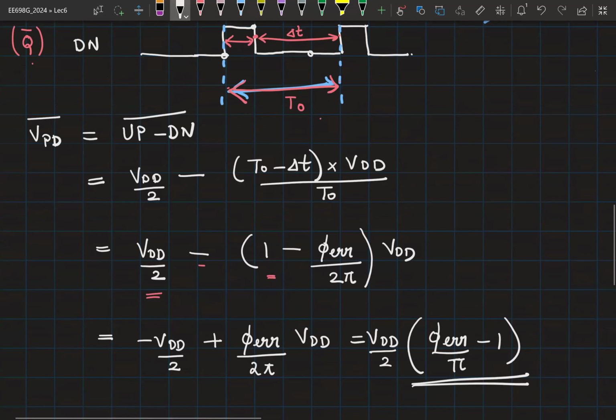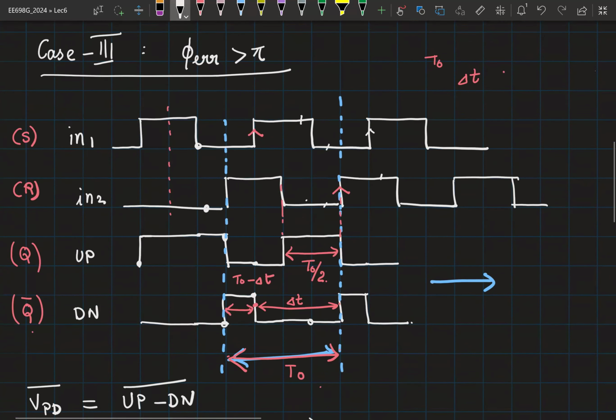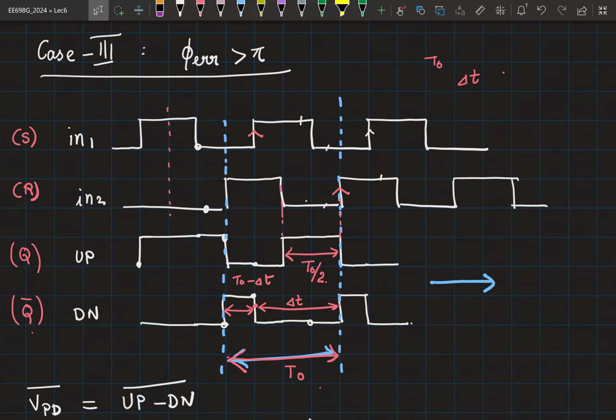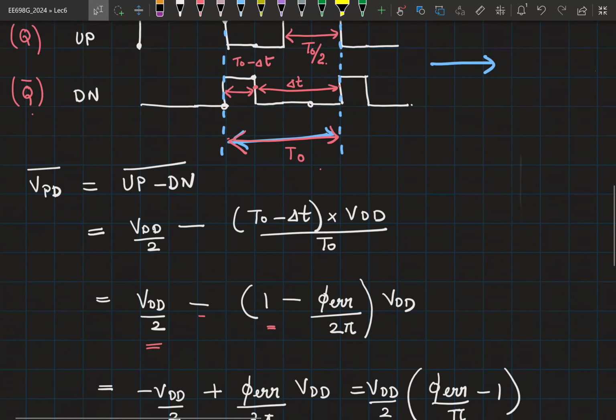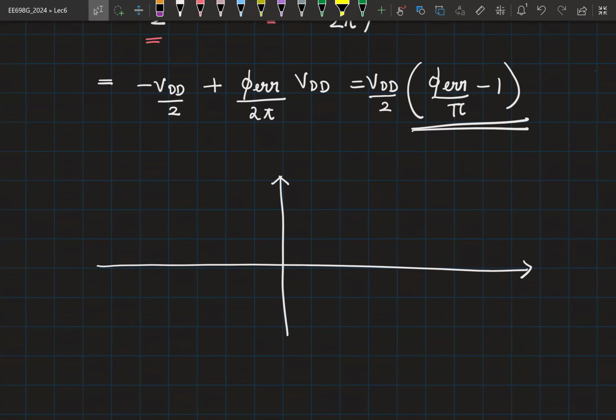Right. What happens after 2 pi? It will be same as phase error greater than 0. Okay. So this is phase error. This is VPD average. So when phase error was equal to 0, what is the value you get?